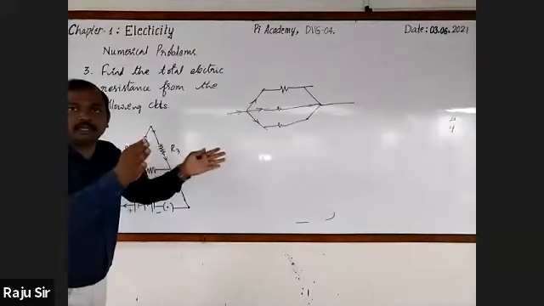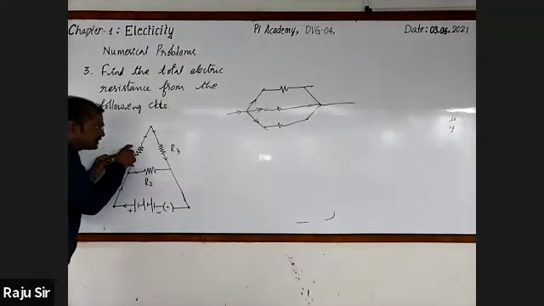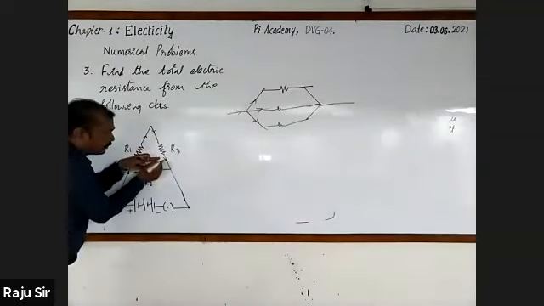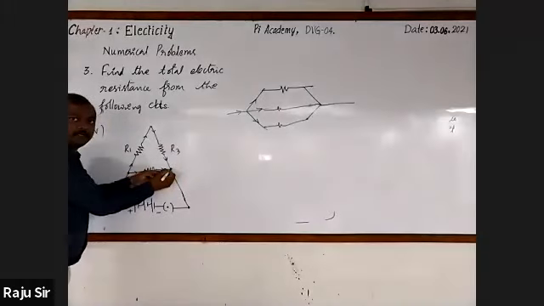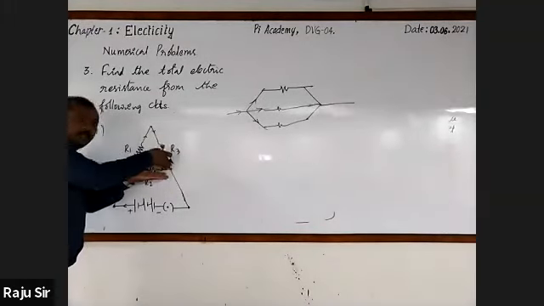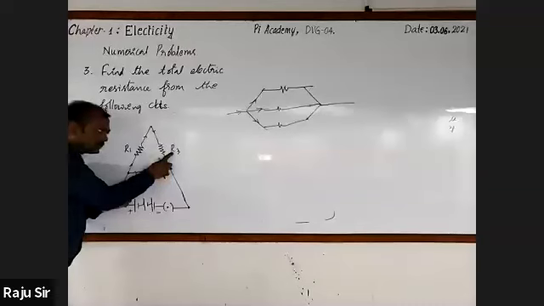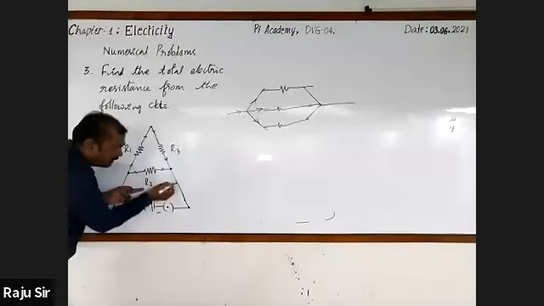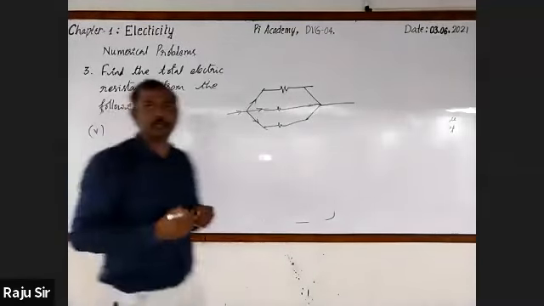Without changing its direction, without getting deviated, it is flowing continuously. So R1 and R3 are in series. Now the current that flows through R3 and the current that flows through R2 recombine at this point. As they recombine, R3 is also parallel to R2. Then current leaves from this point and goes to the negative terminal.